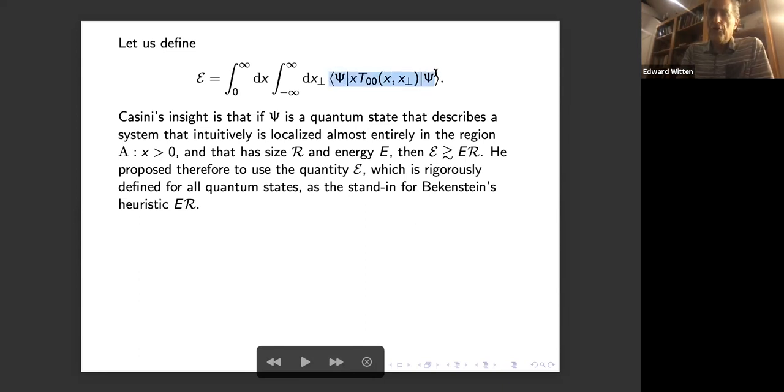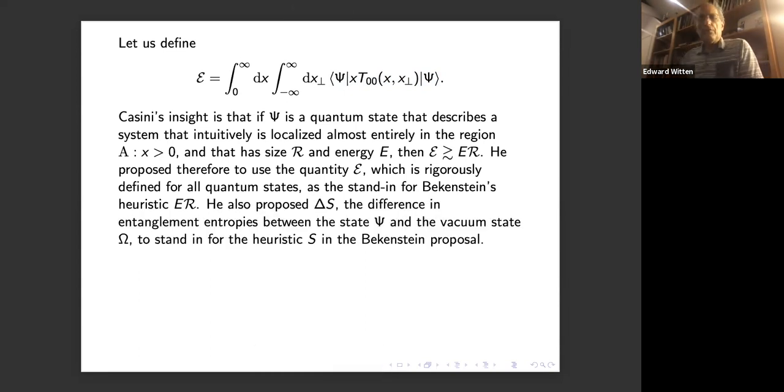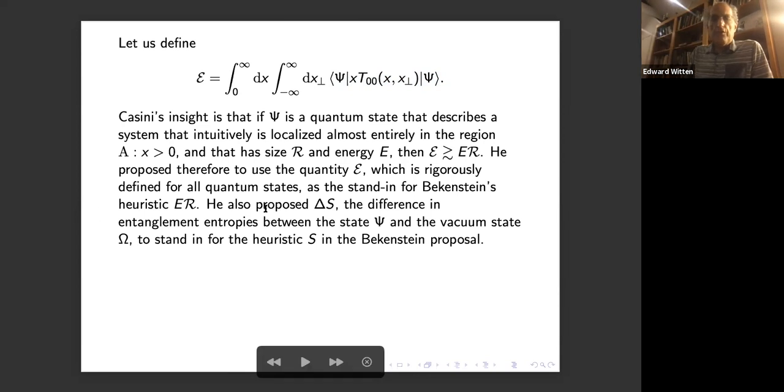But it's defined for all states, even if you don't have a semi-classical picture. So this expression in particular is defined for a single particle that's partly in, partly out, the region of positive x. Whatever the state is, the integral is defined. Casini also proposed that delta S, the difference in entanglement entropies of the Rindler wedge between the state psi and the vacuum state omega, should replace the heuristic S in the Bekenstein proposal.